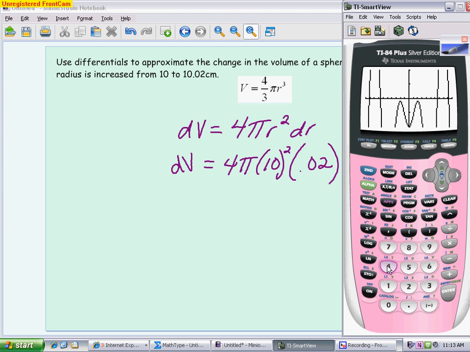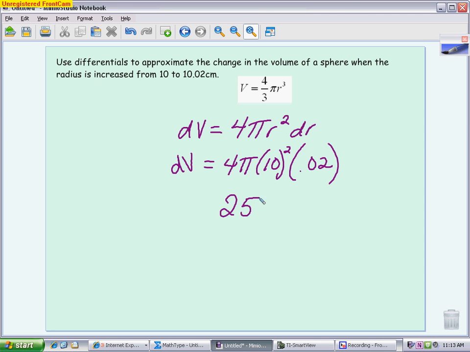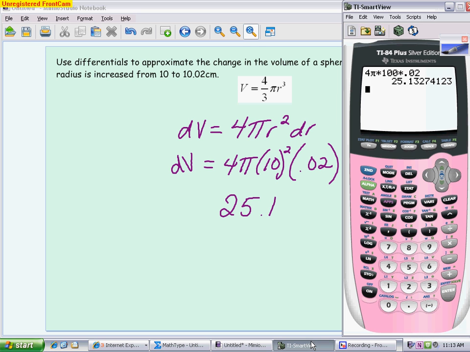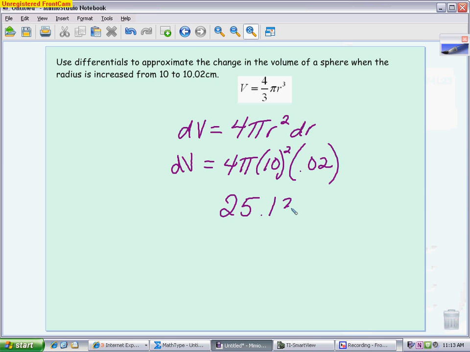I'm going to type in 4, multiply the pi through just because this problem actually wasn't a calculator section when they did that. You could leave your answer in terms of pi, times 10 squared, which is 100, times 0.02. So that's giving me a change in volume of 25.1, I think it was 132 or 133 if you choose to round.